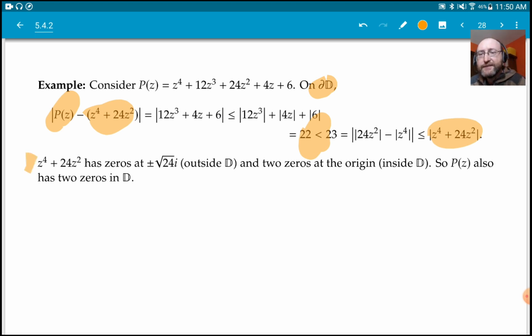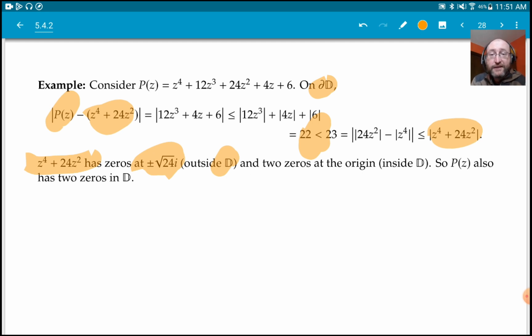Now, this guy is easy to solve, because I can just factor out the z squared. I get a really simple quadratic. I can just take the square root. The zeros are at plus or minus square root of 24 times i, whatever that is. It's definitely outside the unit disk, quite a ways outside.